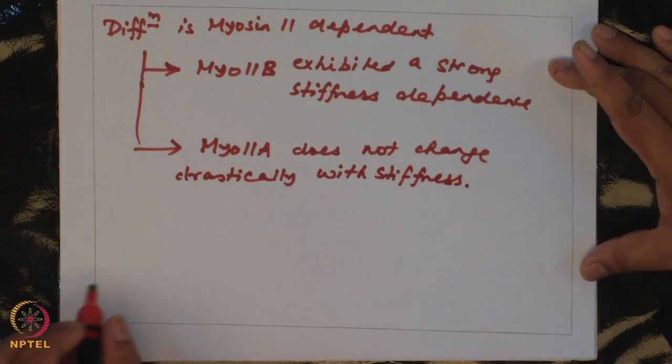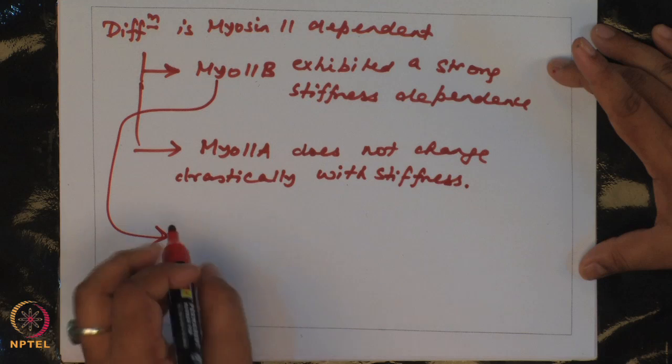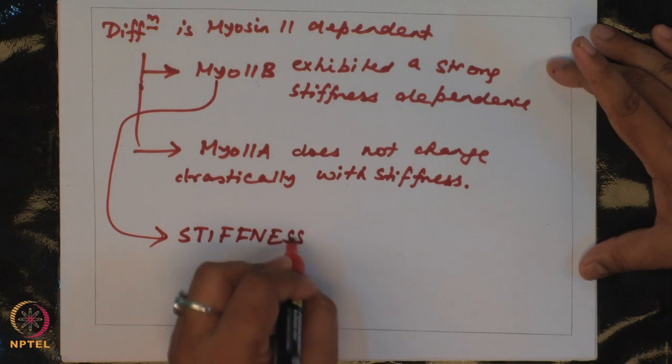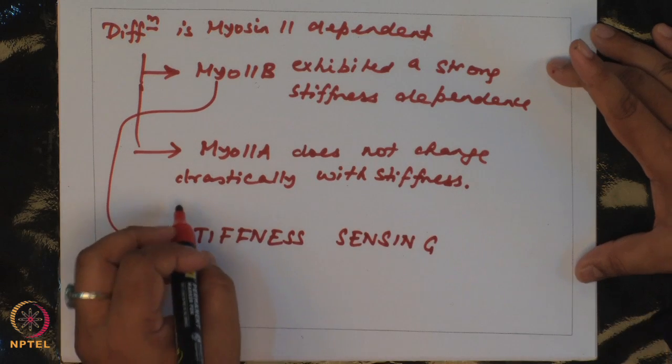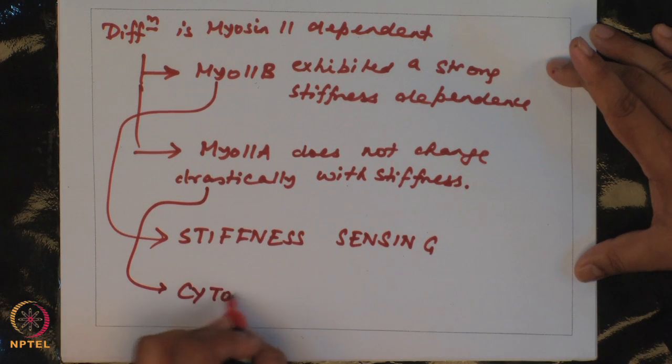So, 2B is probably associated with stiffness sensing, and 2A probably contributes to the cytoskeletal organization.